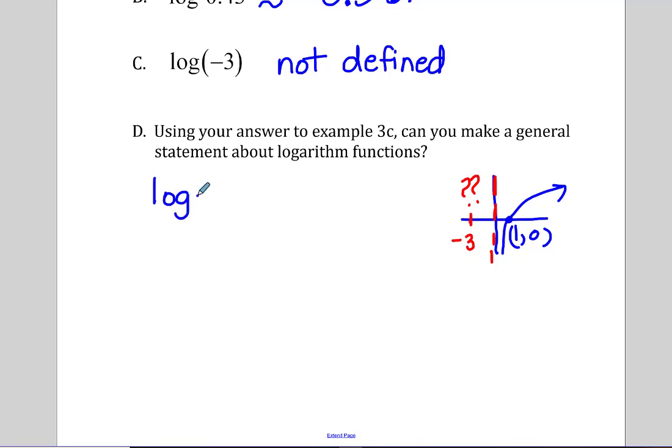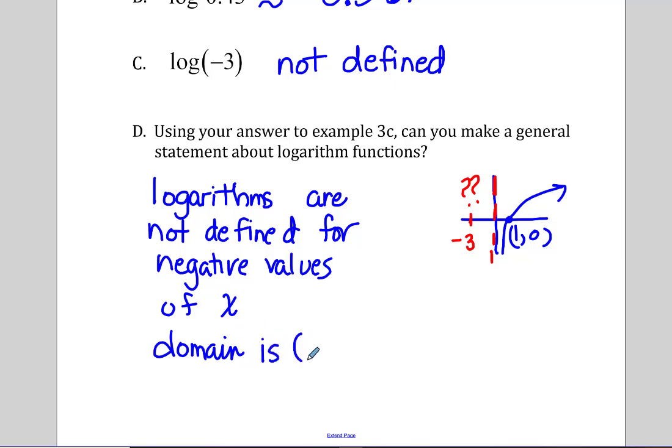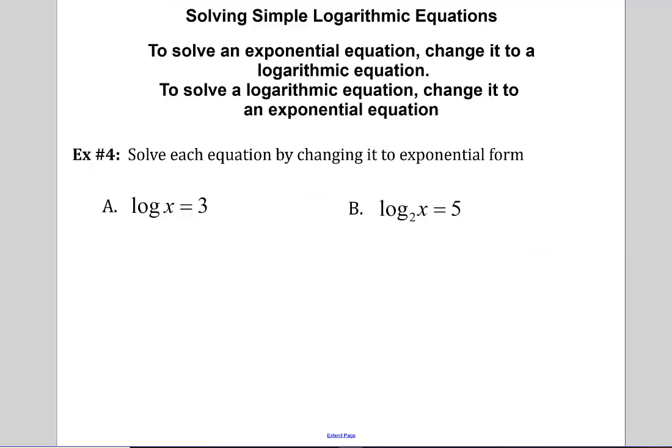So we could say that logarithms are not defined for negative values of x. In other words, the domain for a logarithmic function is from 0 to infinity. X can't be negative or 0.